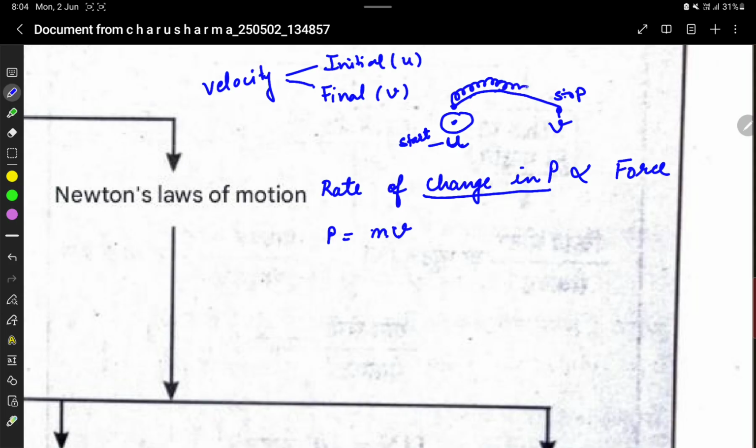When we have put the keys in the car and started the car right now, that is represented by the initial velocity. And when you are applying a brake and stopping the car, the moment you stop the car, that velocity is counted as the final velocity. So we are having two velocities.